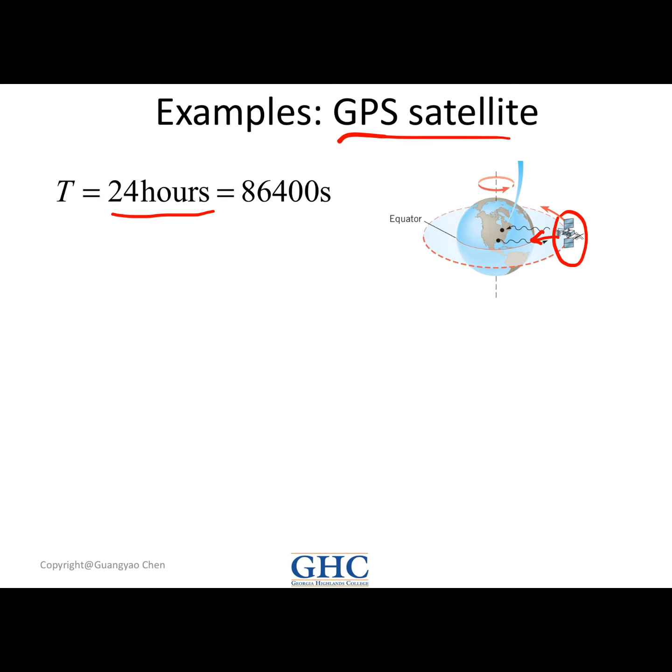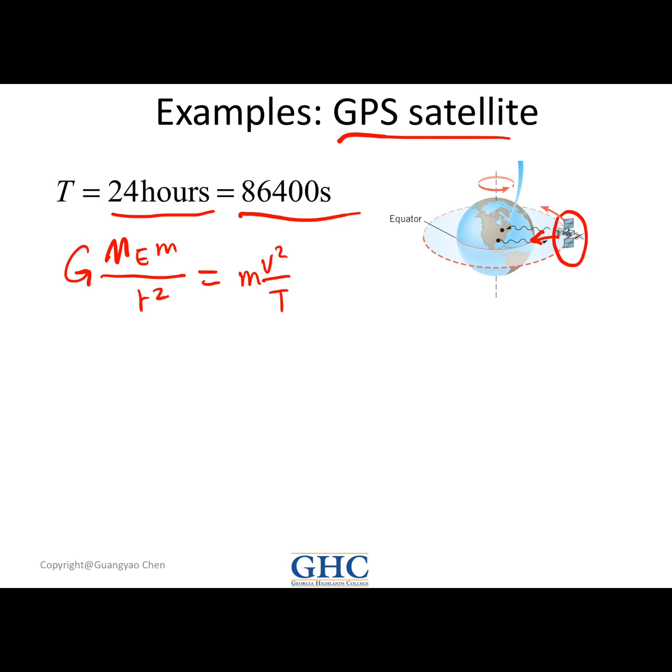Translated into SI units, one day is 86,400 seconds. Now we want to know how high you need to send this satellite into outer space so it can be a GPS satellite. So we start from the equation: the gravitational force on the satellite equals its centripetal force.